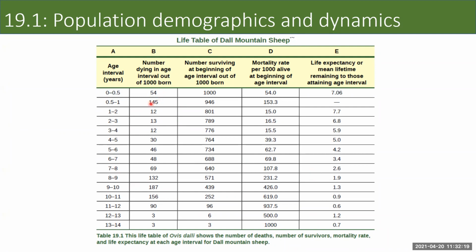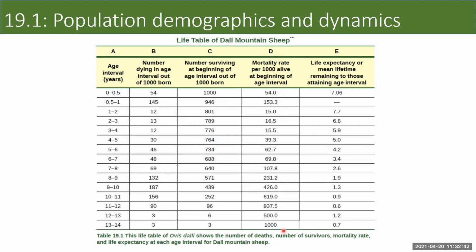So from half a year to 1 year, your mortality rate is a little higher than a newborn, and it's much higher than if you make it to a 1-year-old or a 2-year-old, right? And so you can see that mortality rate per 1,000 alive at the beginning of each interval.